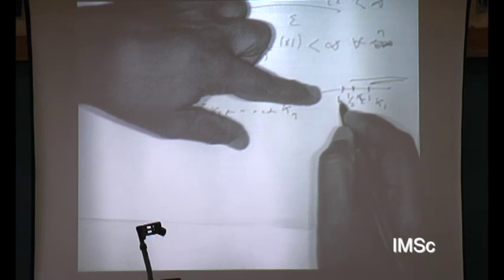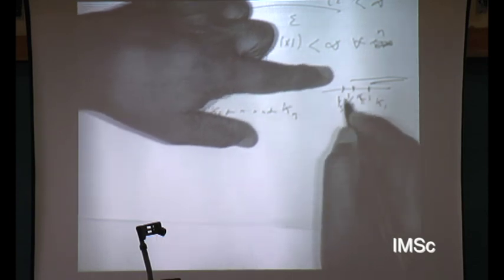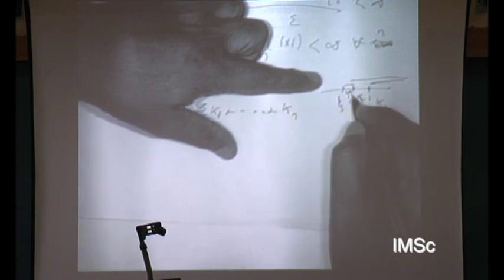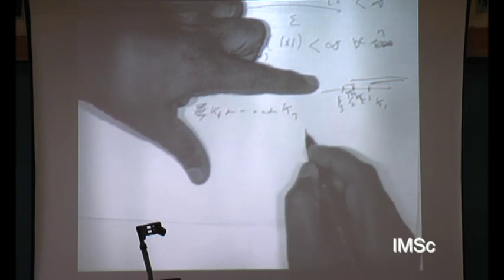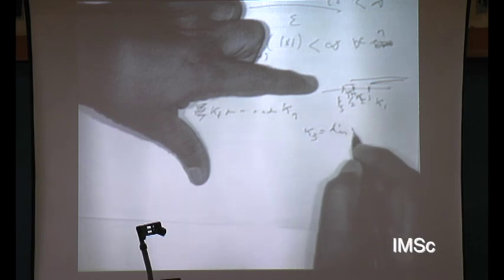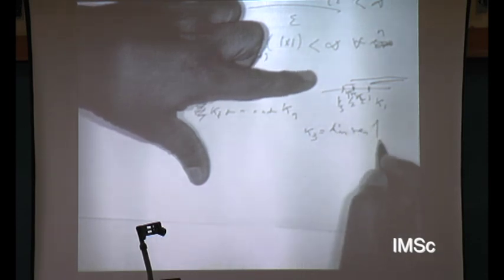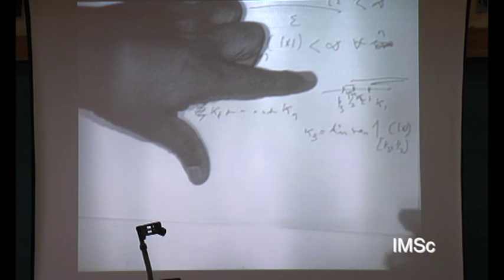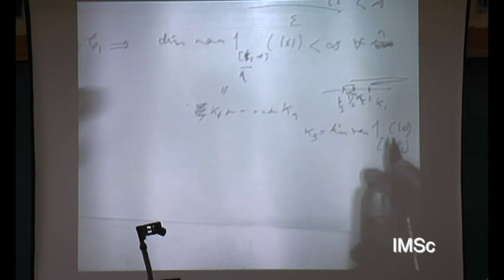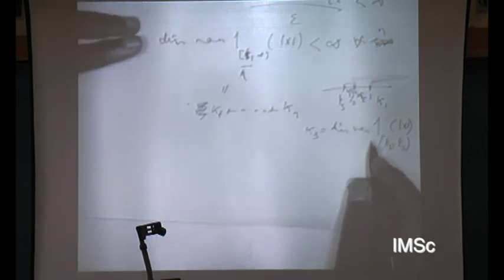And then I take 1/3. Here K3 will be the dimension of the range of the indicator of 1 by 3 to infinity of mod x.